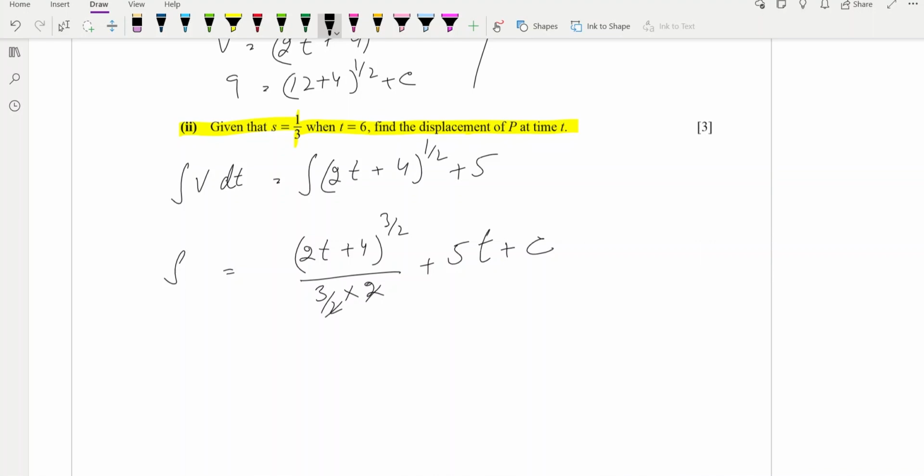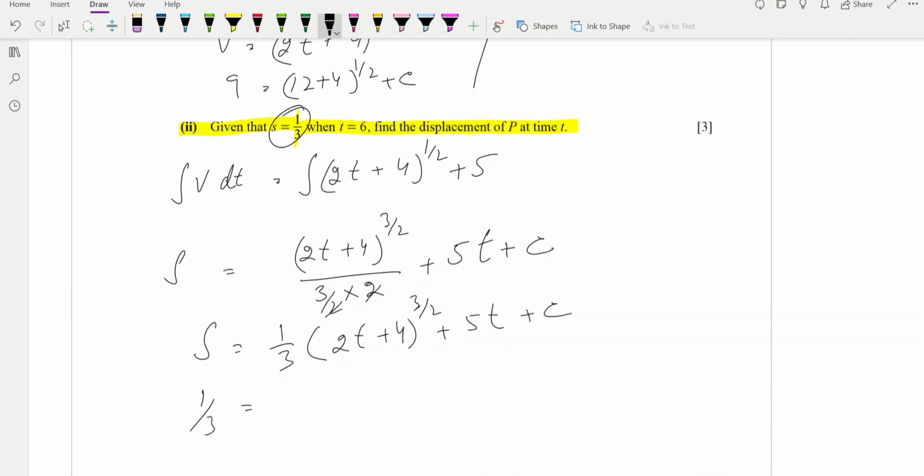Now we can write it as 1 by 3 into 2t plus 4 raised to the power 3 by 2 plus 5t plus c, and this is s.